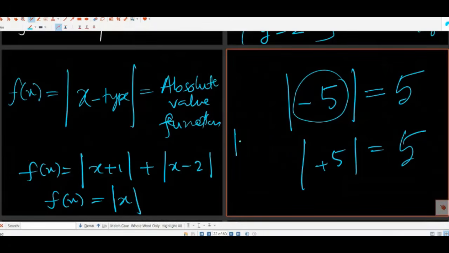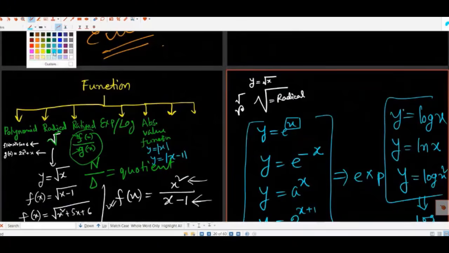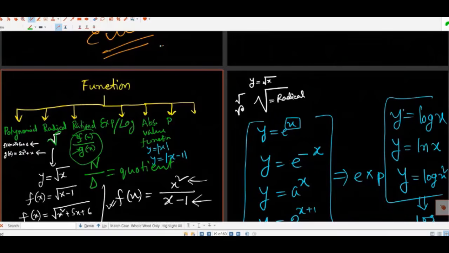So this is the property of absolute value function. So for now, let's say we have x negative 1. So this is a function which is called absolute value function. And after absolute value function, we can think about piecewise defined function.